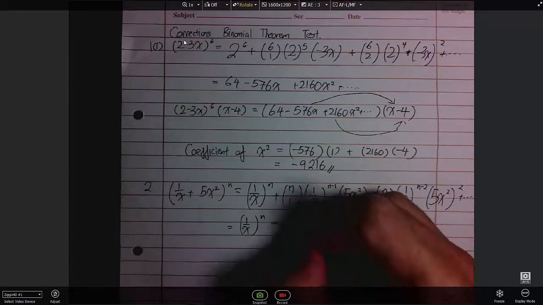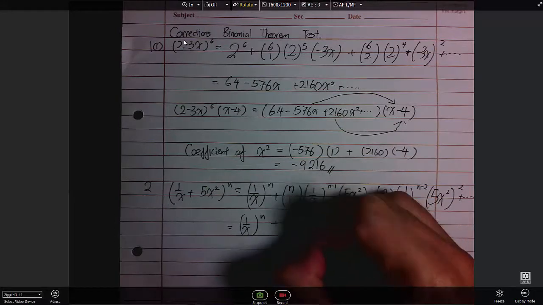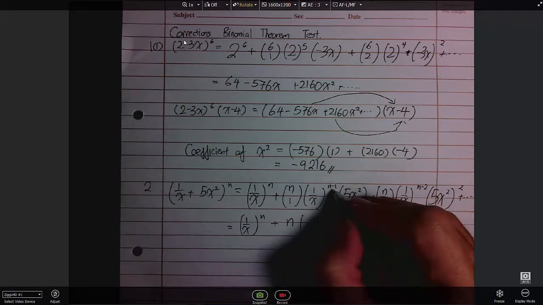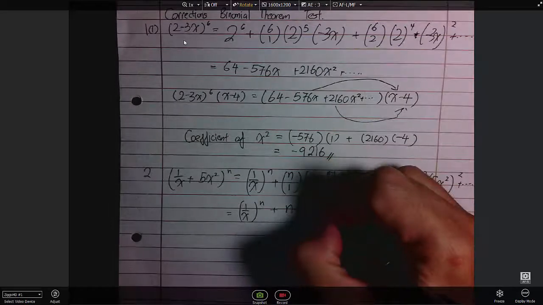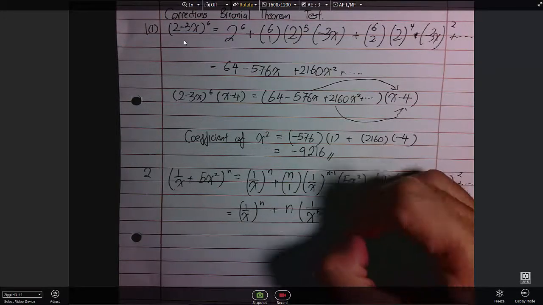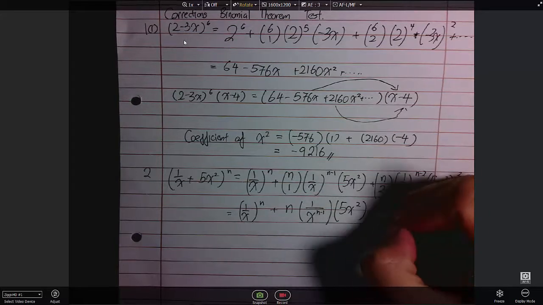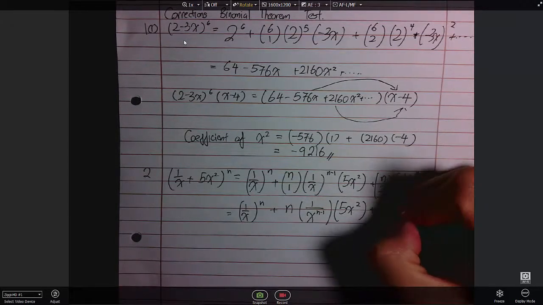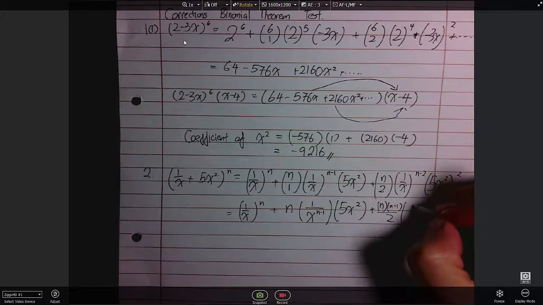So n choose 1 is n, times 1 over x to the power of n minus 1, times 5x squared, plus n choose 2, which is n times n minus 1 over 2 times 1.